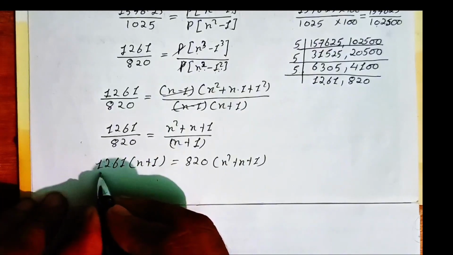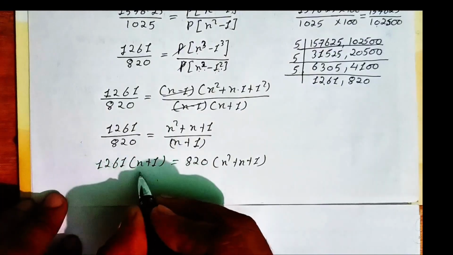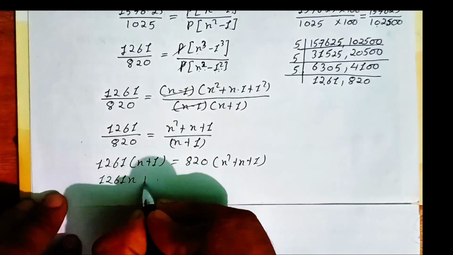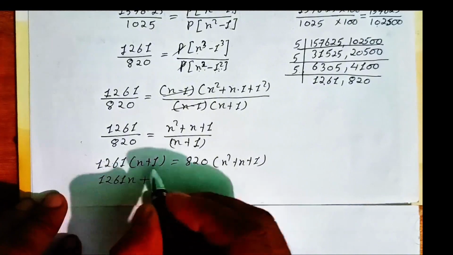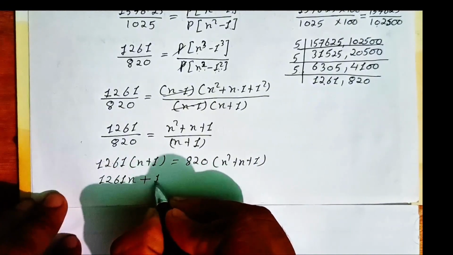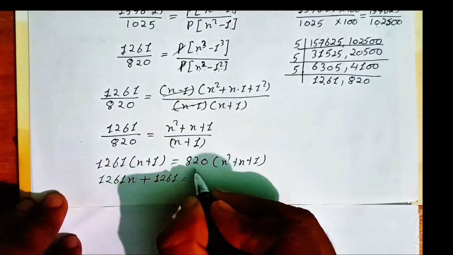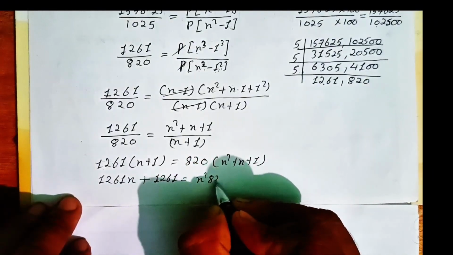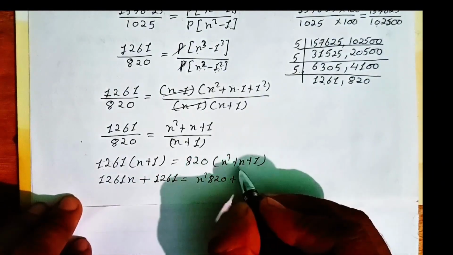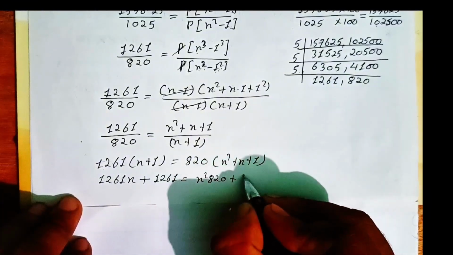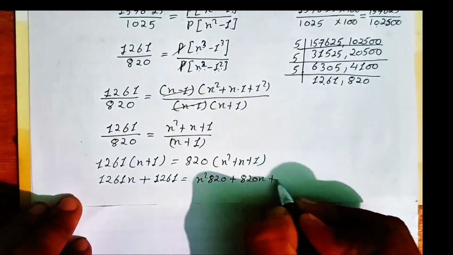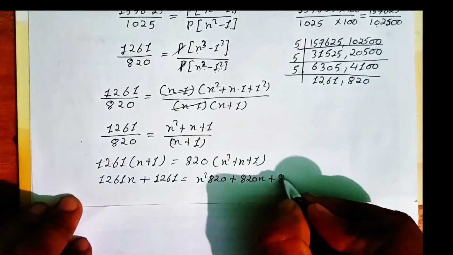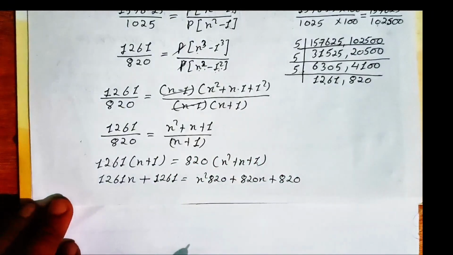Now the product of 1261 with x becomes 1261x, plus 1261 with the 1 becomes 1261, equal to 820 times x square, which is 820x square, plus 820 with x, which becomes 820x, and finally 1 times 820, which is 820.